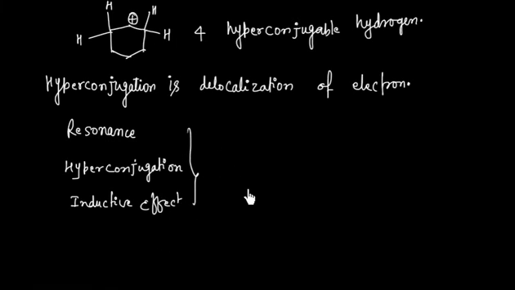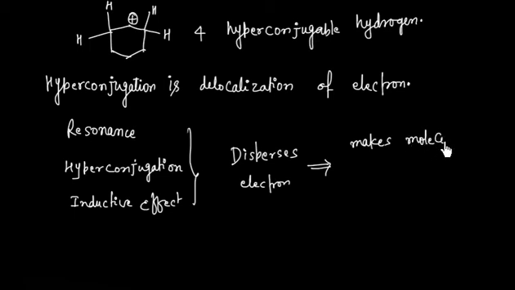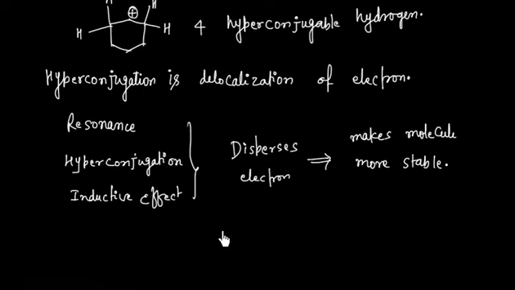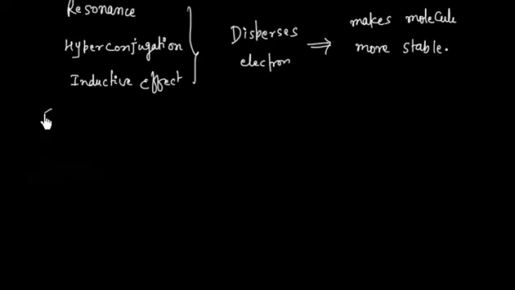These can basically disperse electron and make the molecule more stable. Hyperconjugation can be used to decide stability of carbocation.